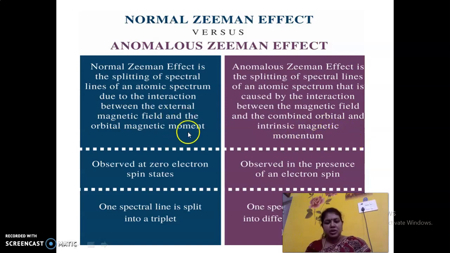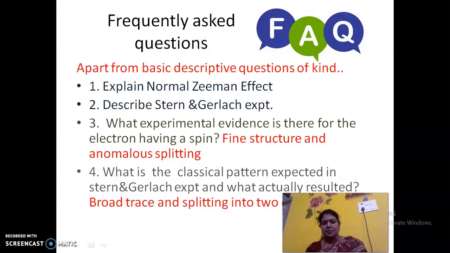So the spin contributing an intrinsic magnetic moment is absent in the normal Zeeman effect. So this is observed at zero electron spin states, and this is observed in the presence of electron spin. One spectral line is split into a triplet here. Here it gets split into a complicated pattern.